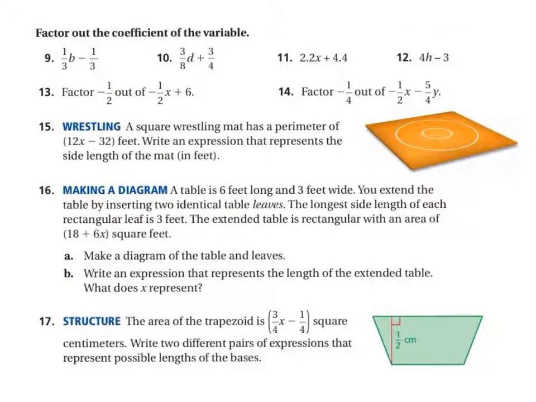Okay, we're going to pick up on number 13. It says factor negative 1/2 out of negative 1/2 x plus 6. So you really have to pay attention to your signs here.